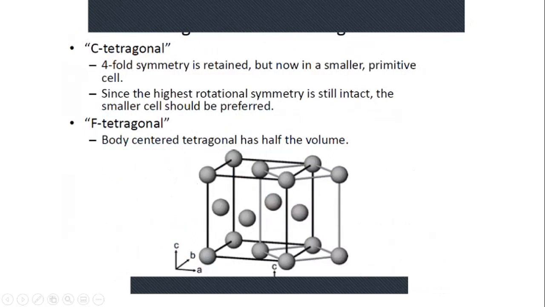So with C-centered tetragonal, we still retain the symmetry, but we get a smaller primitive unit cell, and we should use that one, and that's why it's not C-centered versus primitive.